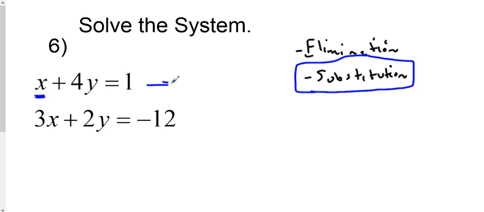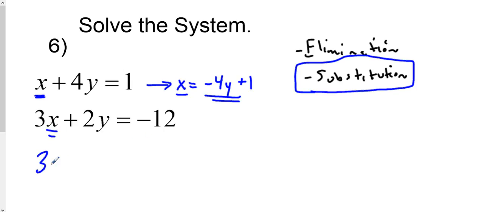To use substitution, we're going to solve for this variable. We're going to solve for x in this case. I could solve for y, but it's easier to solve for x. So x is going to equal negative 4y plus 1, because I'm going to subtract that to the other side. From there, we're going to take this expression that I double underlined and plug it into the other equation for the corresponding x value.